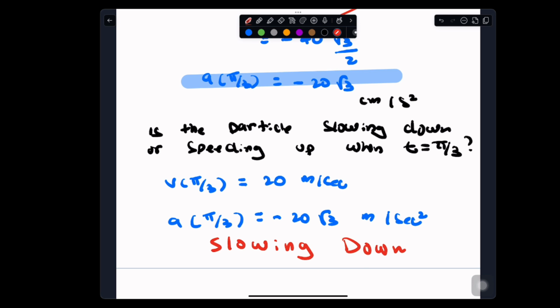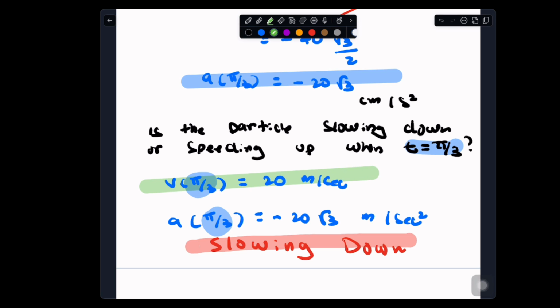Did you guys see how we put all this stuff together? Why do I know at that instant, at that time, t being pi over 3? You plug that in, the function. How do we know it's slowing down? Because in one case it's positive, and in the other case it's what? It's negative. If they're opposite signs for velocity.